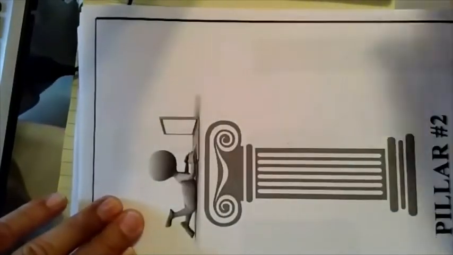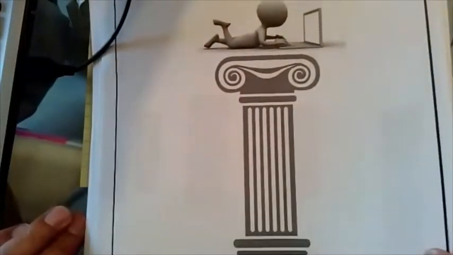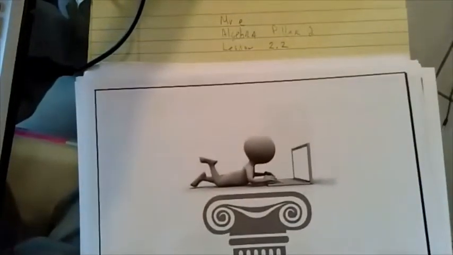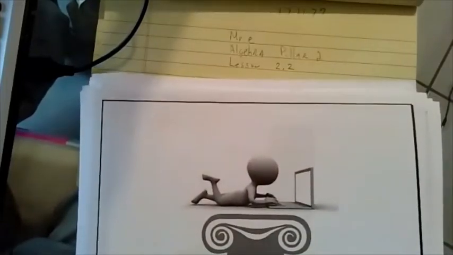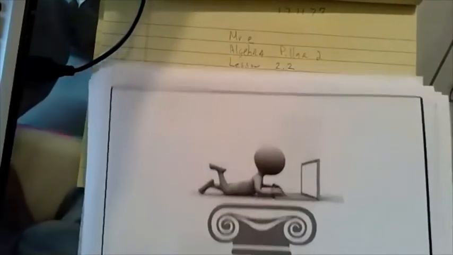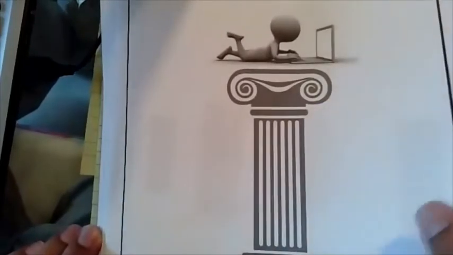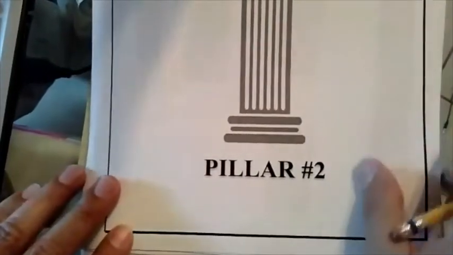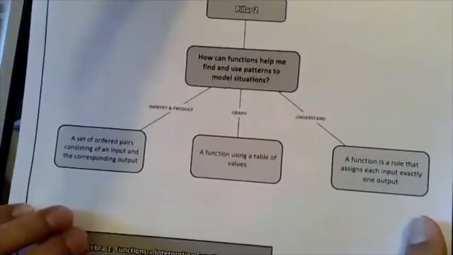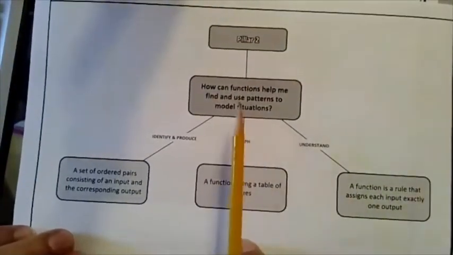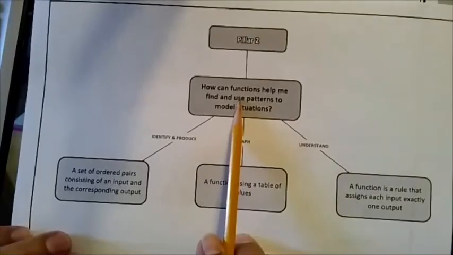All right, let's put that aside and let us begin pillar 2. Oh, by the way, I forgot to show this part, Mr. E, Algebra. All right, this is where you are at now, pillar 2. What is pillar 2 about? Well, funny enough, we have this nice little illustration and one word, functions.